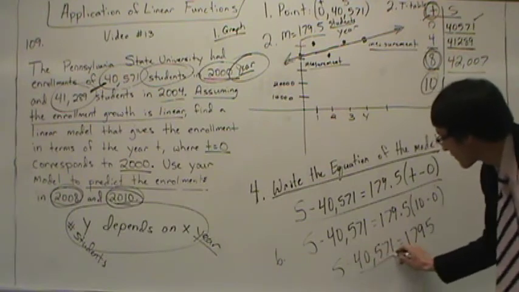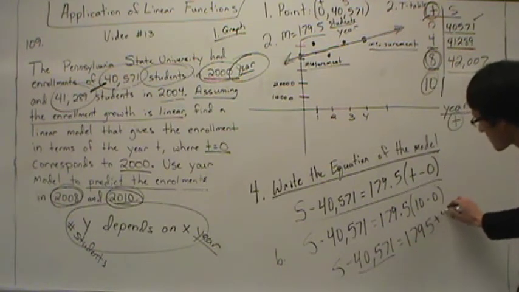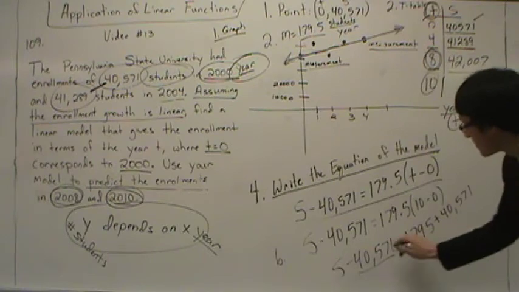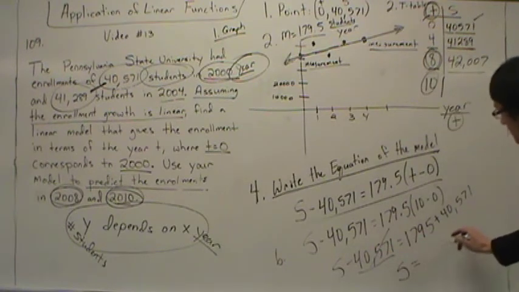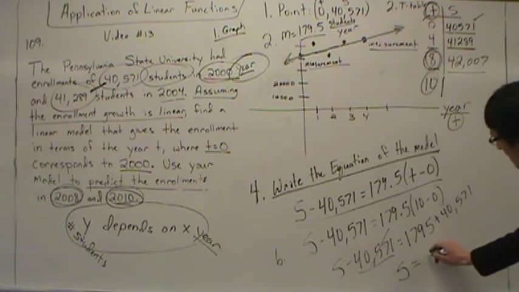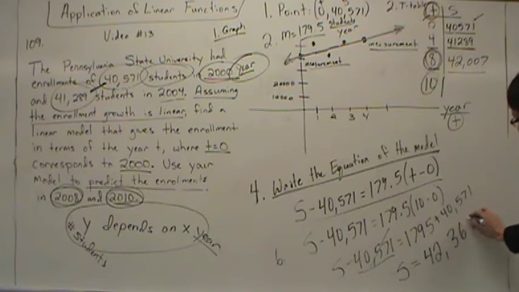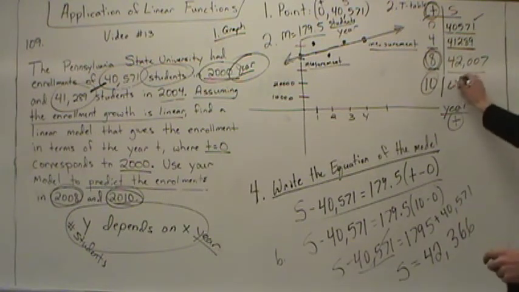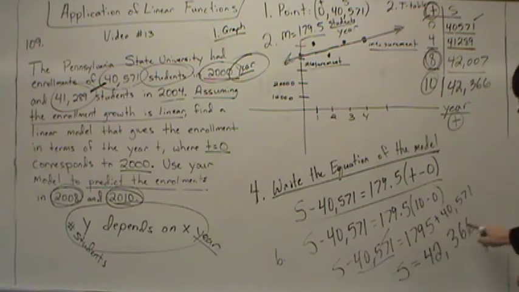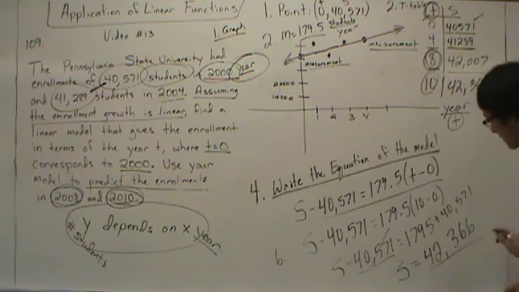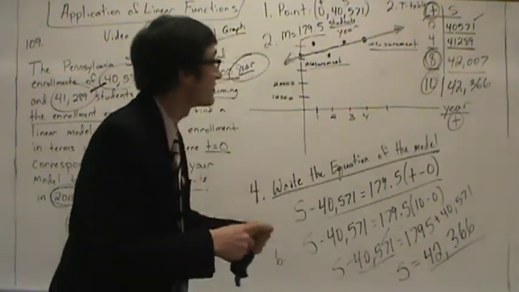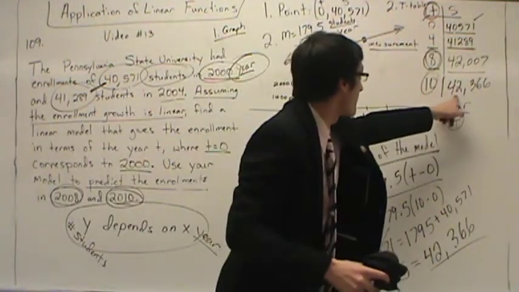Take the negative 40,571 and move it to the other side as plus 40,571. The number of students is equal to 42,366. Yeah, I believe that's right. 42,366 students in 2010.